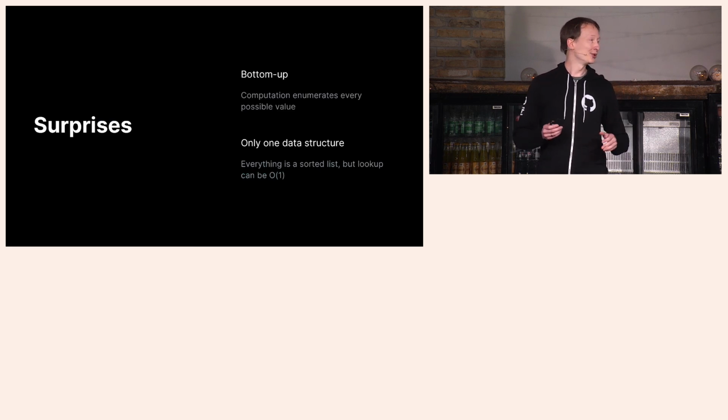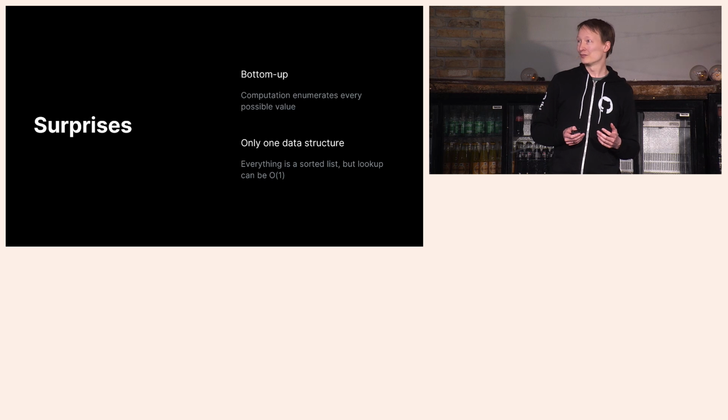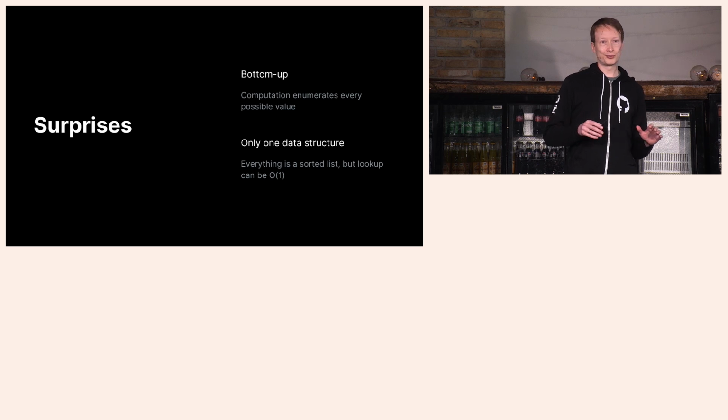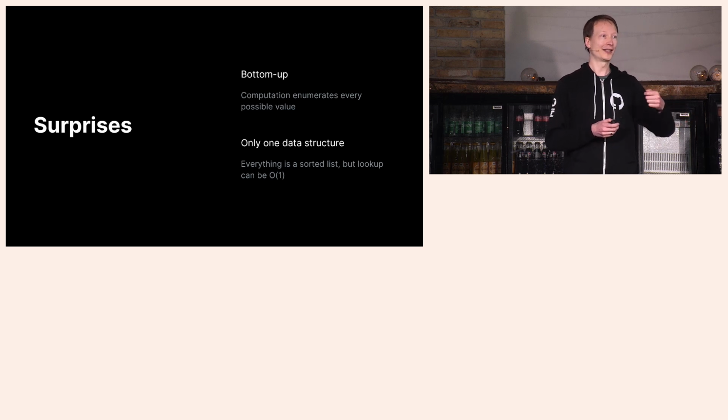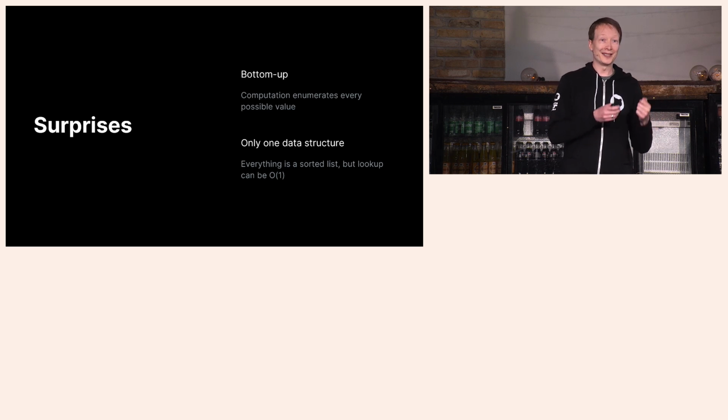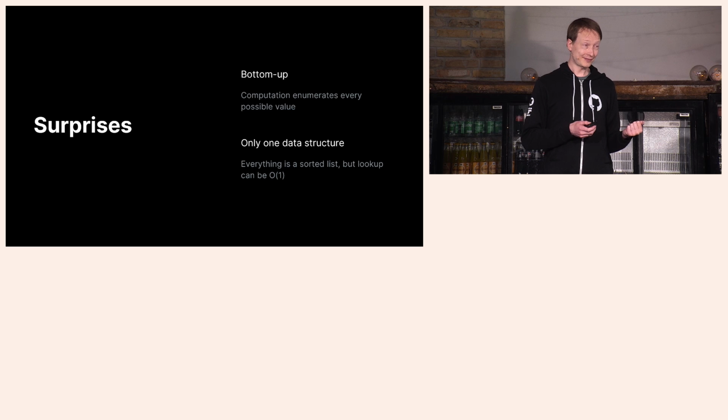If you should dive into writing QL yourself or something similar, then some surprises you might encounter and might take some getting used to is, well, first of all, everything's computed bottom up. So when we saw the example of the reachability of X, that was not a function that takes in an X and then tells you whether it's reachable. It is rather a predicate that enumerates all the values of X that are reachable.